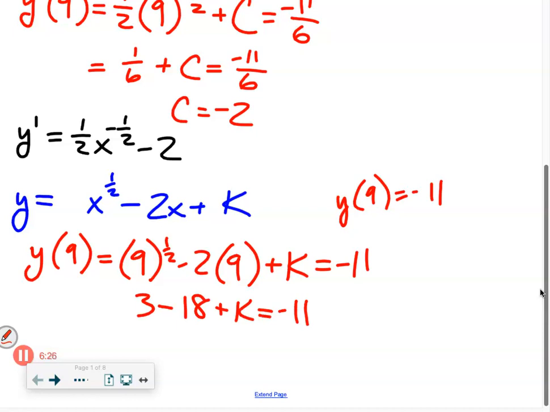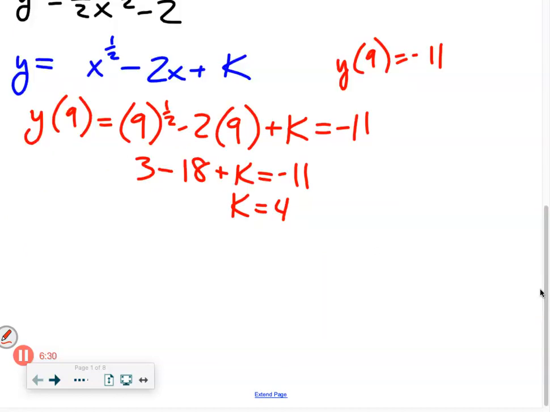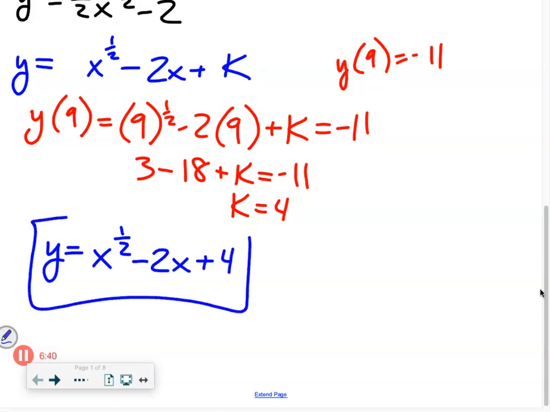This is negative 15, so I add 15, and I get k is 4. And my final equation, my solution to this beautiful differential equation, is y equals x to the 1/2 minus 2x plus 4. So, well done. Beautiful. Very nice.